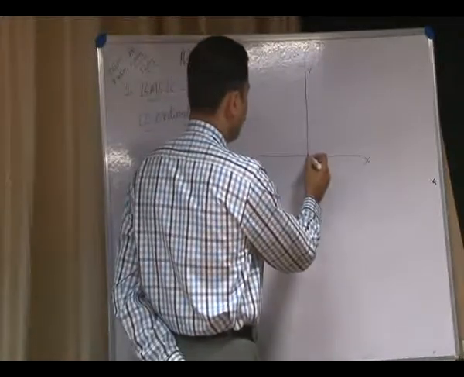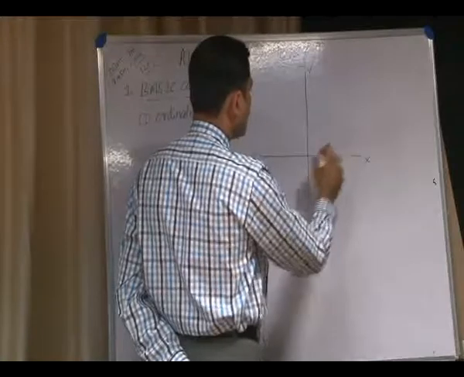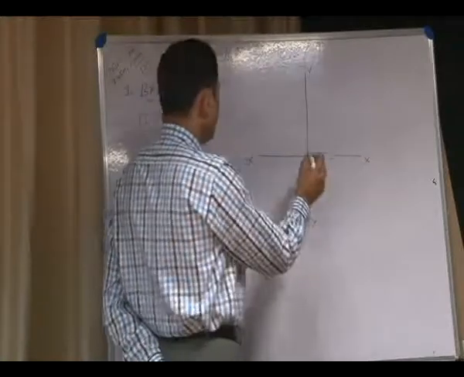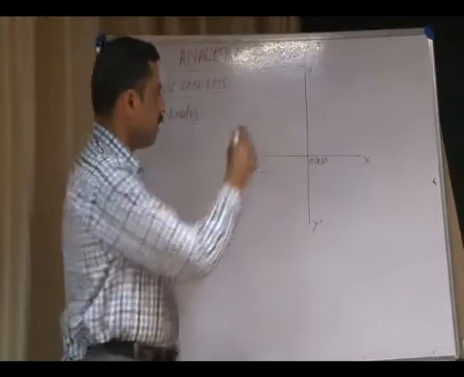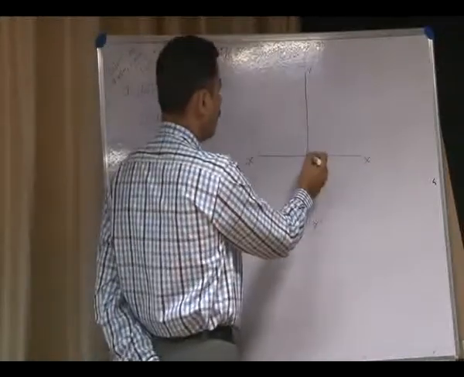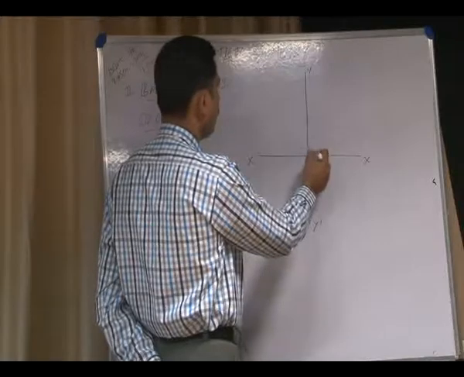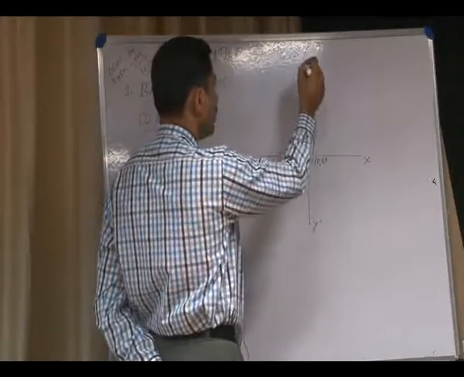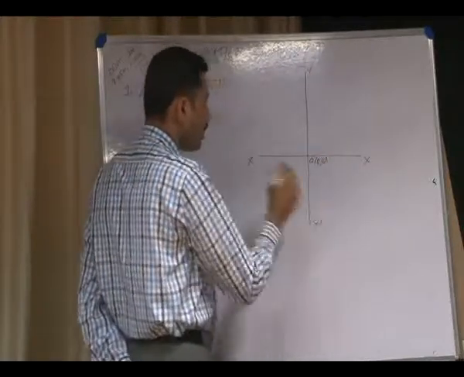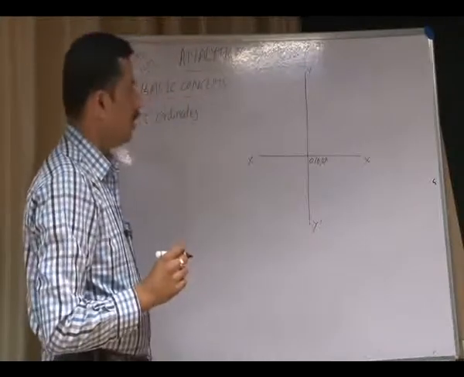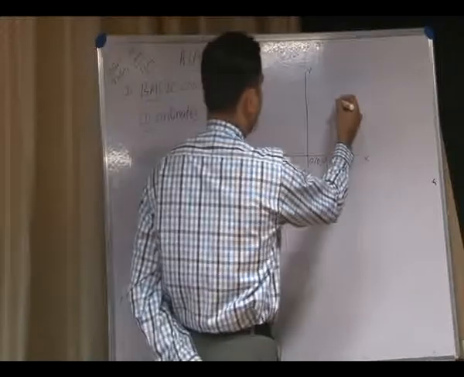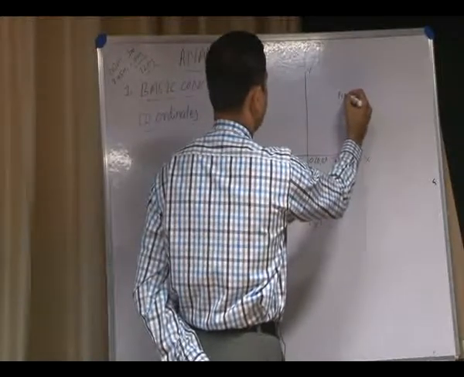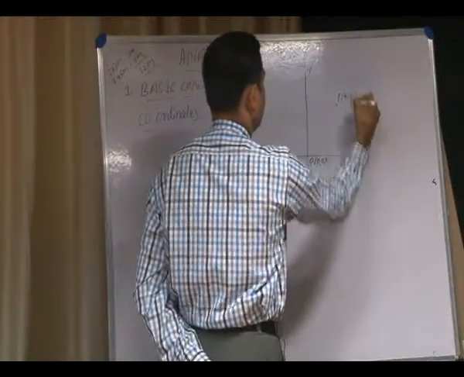From point O towards X, the x coordinate is taken as positive, and towards X dash it is taken as negative. Similarly on the y axis, from the origin O, we measure the y coordinate towards Y as positive and towards Y dash as negative. Suppose you are going to represent a point P(x, y) in this plane.